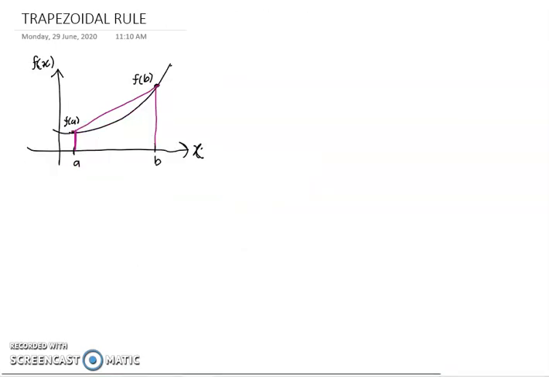The first method to approximate the integral of a function is by using the trapezoidal rule. The trapezoidal rule is equivalent to approximating the area of the trapezoid under the straight line connecting f(a) and f(b). So we are now finding the area of this trapezoid to approximate the integral of the function f(x).